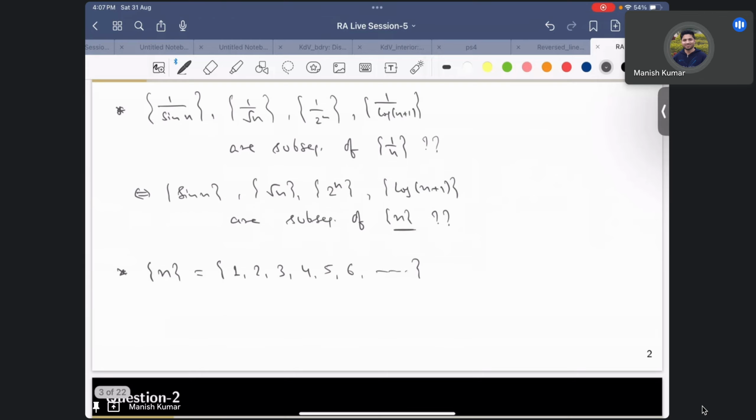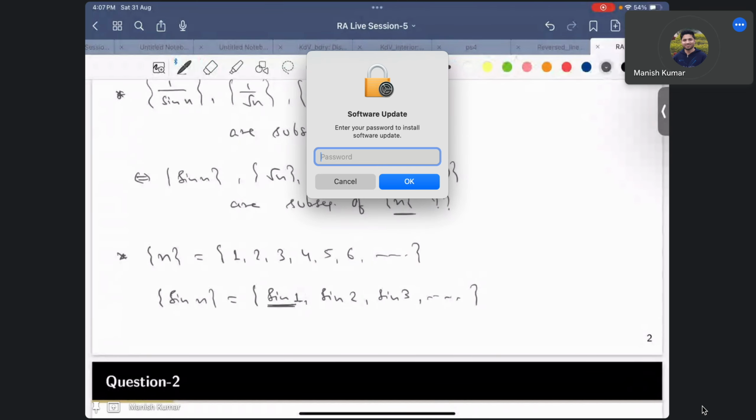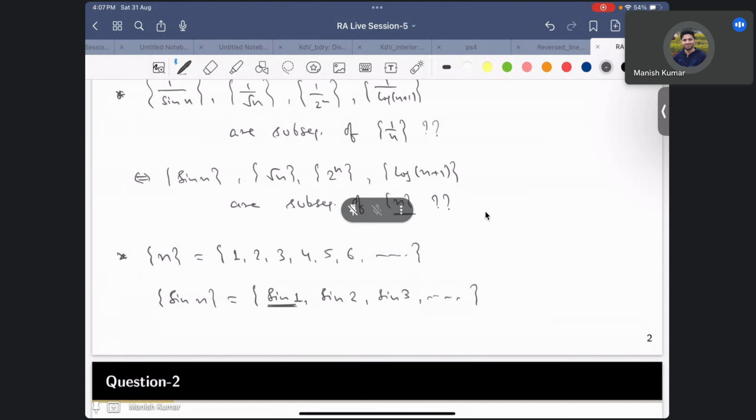Now when you look at sin n, it would be sin 1, sin 2, sin 3 and so on. Clearly, the value of sin 1 is not going to be a natural number. Sin 1 is 0 point something something, a decimal value, so this does not belong to natural numbers. So this is not a subsequence of n, correct?